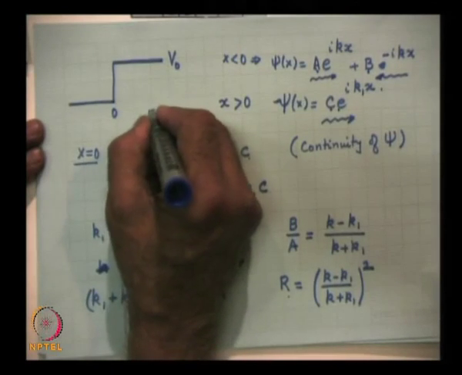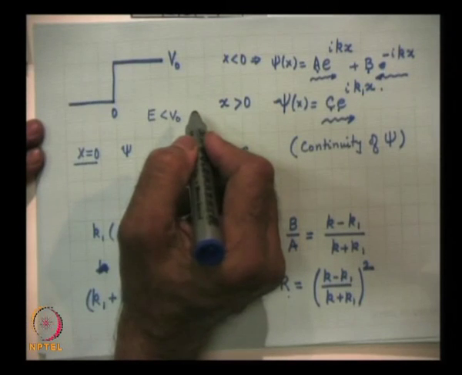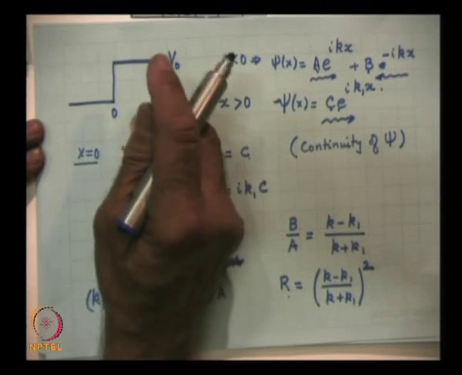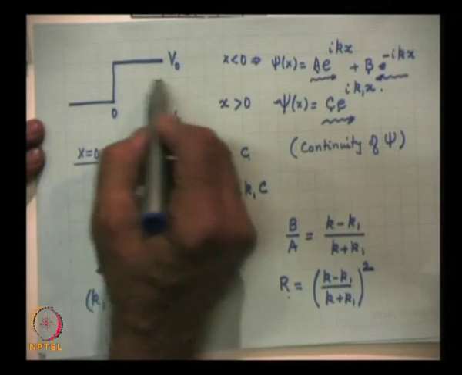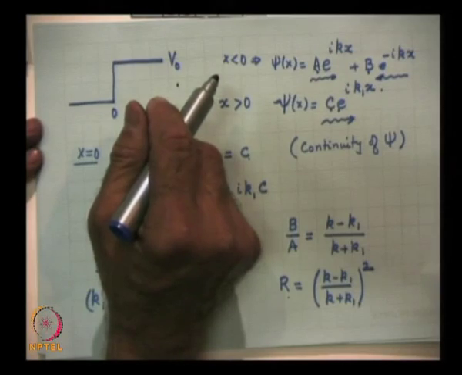Before I conclude in the next 1 or 2 minutes, we will consider the case E less than V0. When I consider E less than V0, there will be no oscillatory solution in this region; there will be exponential solutions. This is something like the evanescent wave.